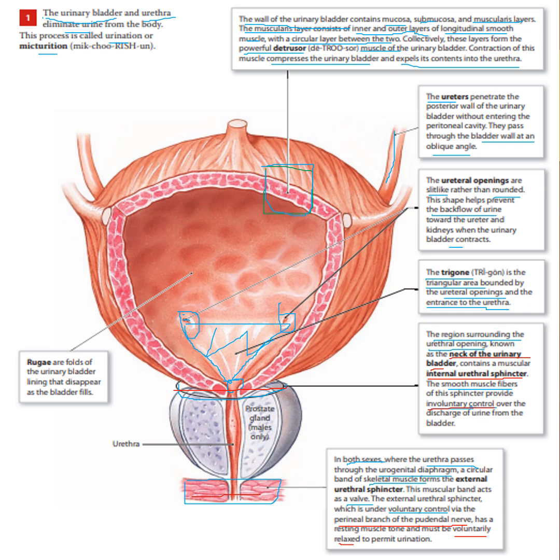And the second is the external urethral sphincter, which is under voluntary control, which means we can control it. It is innervated by the perineal branch of the pudendal nerve. So that's it. This is the urethra.